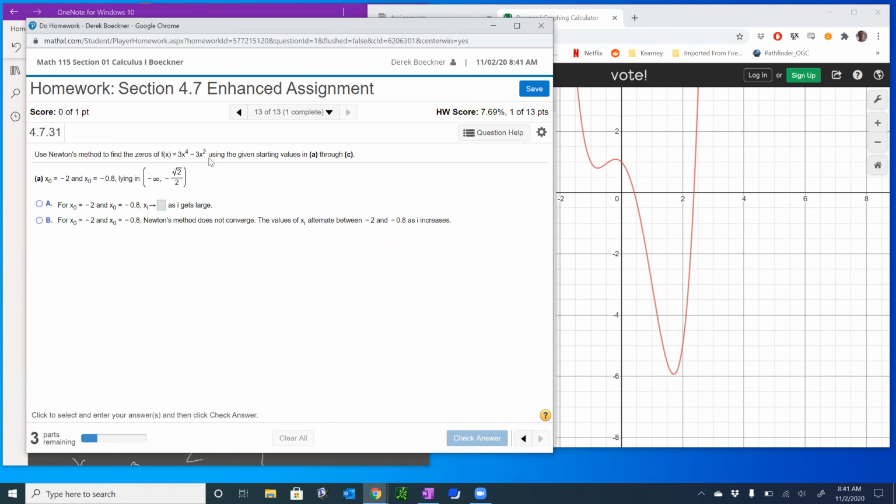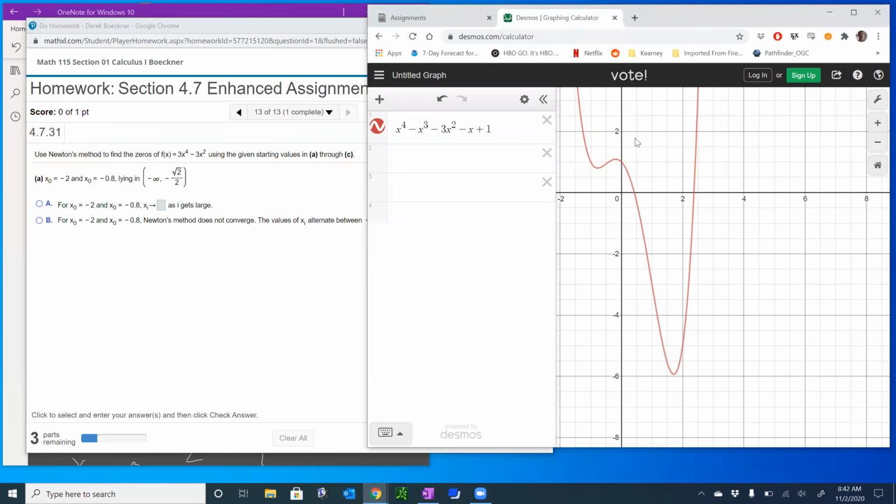So there's a couple roots here, right? This looks like x naught. This looks like x squared times 3. Sorry, factor out the 3 first. And I've got x squared times x squared minus 1. So it has 3 roots. It has a root at -1, a root at 0, and a root at 1. Right?